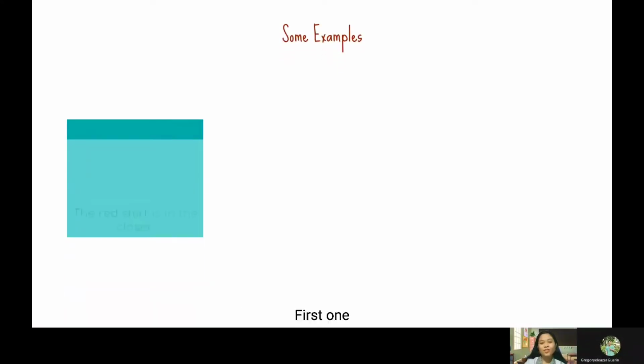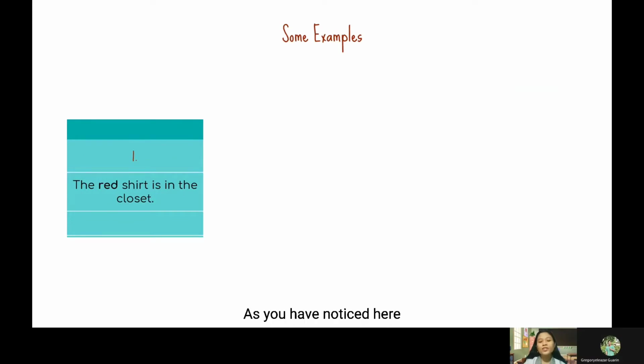So, here are some examples. First one. The red shirt is in the closet. As you have noticed here, the red is a bulleted word, which means it is an adjective. The red is a color which describes the shirt, the red shirt.